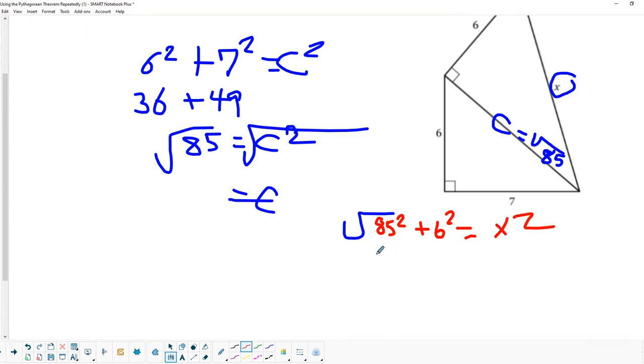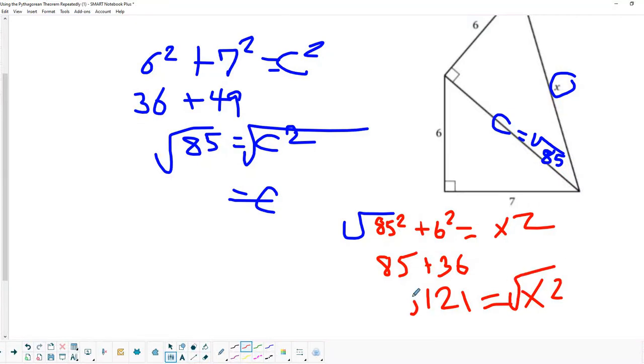So the square root of 85 squared is 85. 6 squared is 36. 85 plus 36 is 121. So when you do the square root of both sides, you get a nice number. You get x equals 11.